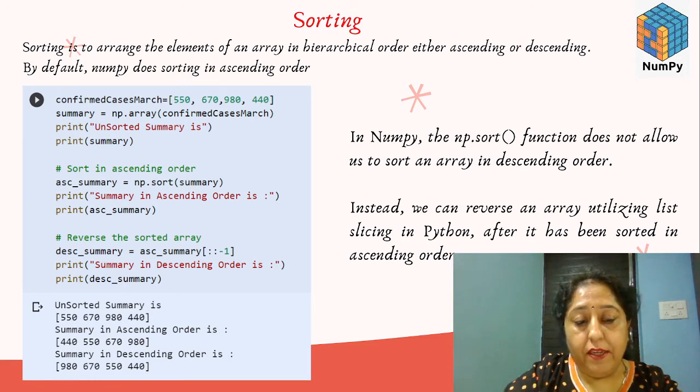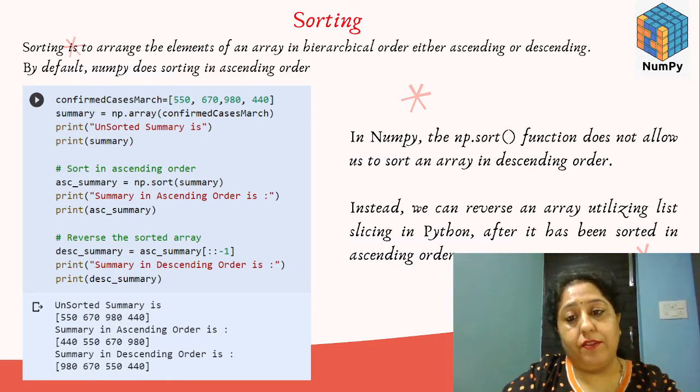Now what if we want the summary to be displayed in descending order? In NumPy, the np.sort function does not allow us to sort an array in the descending order. So what we can do is reverse an array utilizing list slicing in Python. It has been sorted in the ascending order.